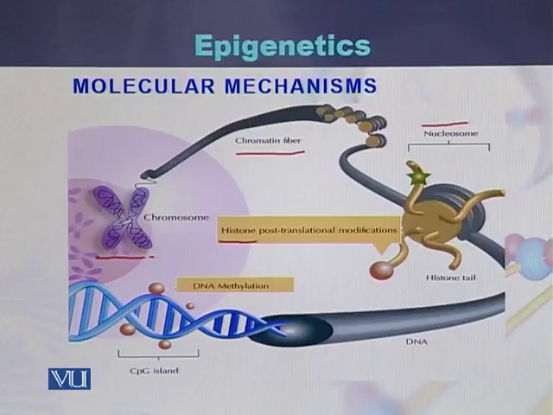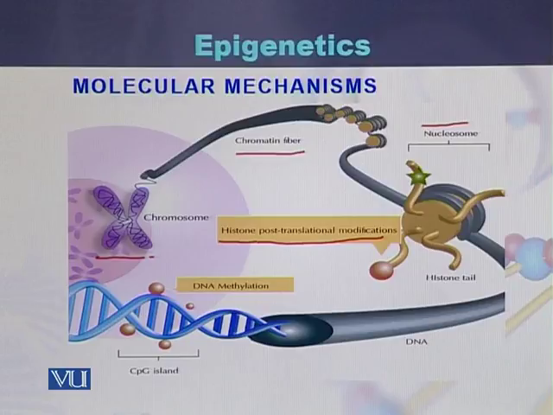There are 8 molecules of histone within each nucleosome, and within these histones there are post-translational modifications that can be in the form of acetylation or phosphorylation. So these are the common methods of post-translational modification of the histones.